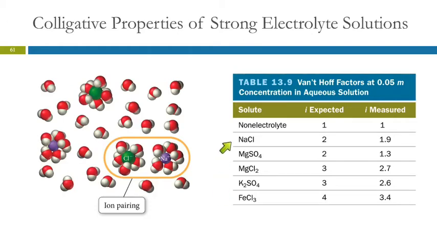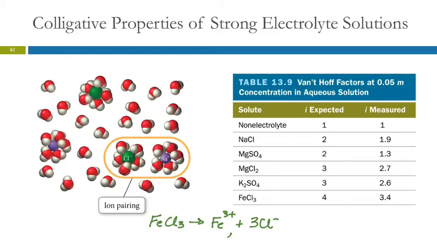This table is showing for several different compounds the expected factor and the measured factor. The measured factor is always less than the expected. It's never higher. Here we've got FeCl3. So when that dissolves, 1 unit of FeCl3 is going to form 1 iron ion and 3 chloride ions.